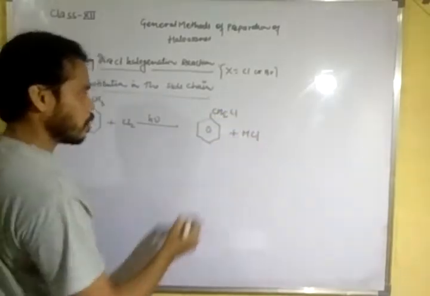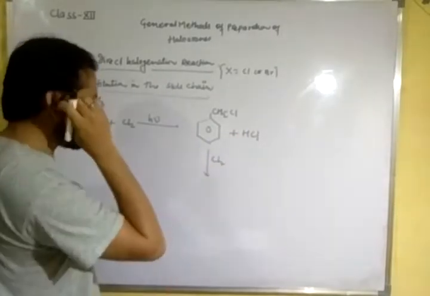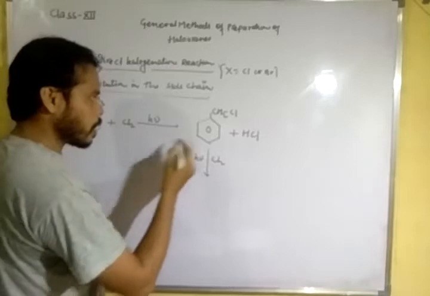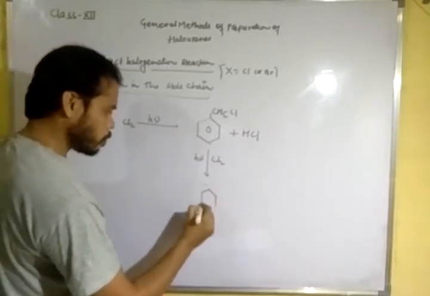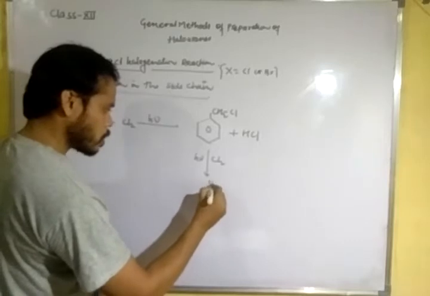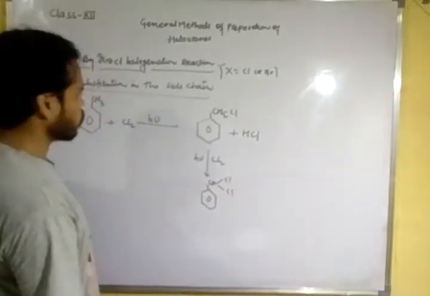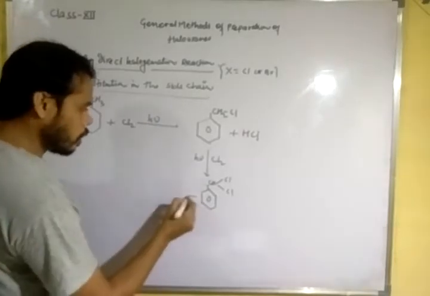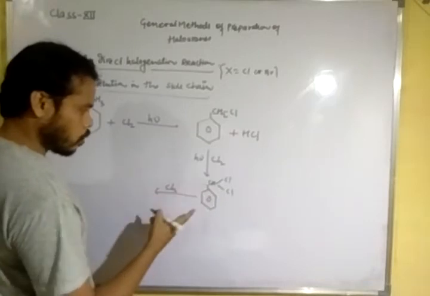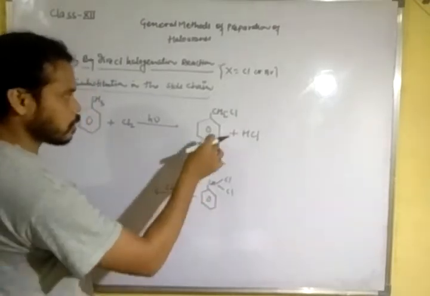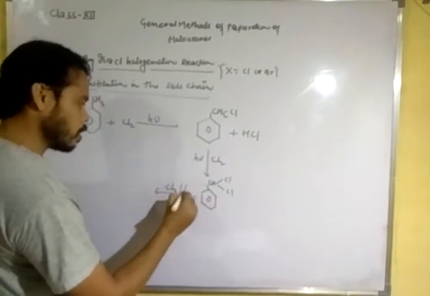Once again, when it is treated with a second molecule of chlorine in the same condition, the compound CHCl2 is formed. Once again, a third molecule of chlorine reacts with benzyl chloride.